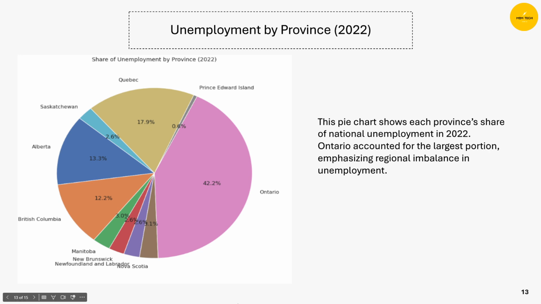So Ontario here is at 42%, Prince Edward Island is 0.6%. And we can see the second highest unemployment would be Quebec, and then Alberta, British Columbia, and so on.